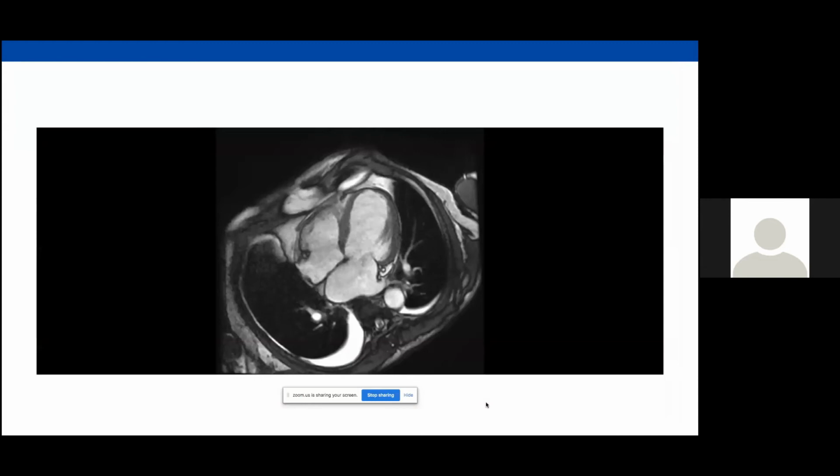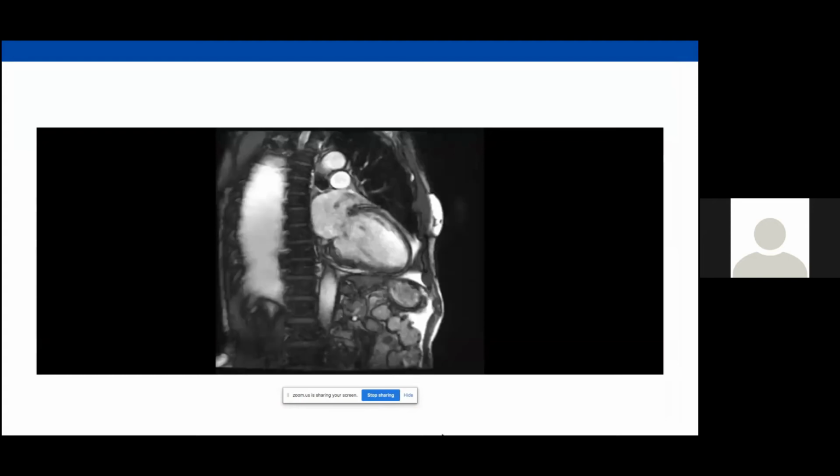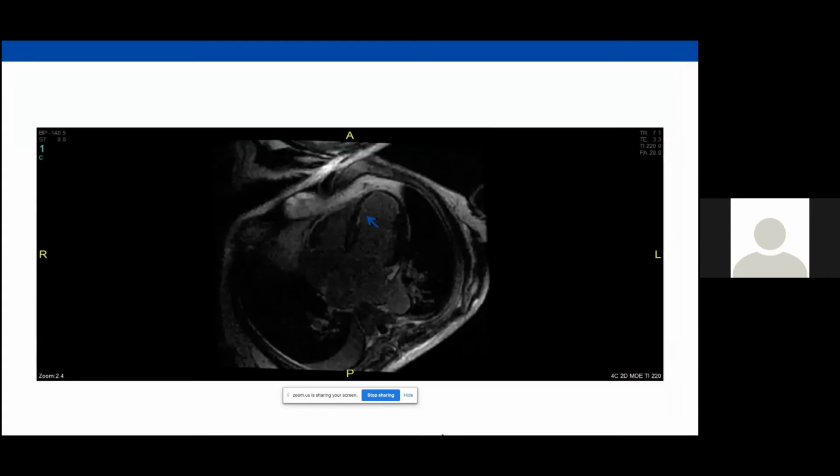Let's look at the images. This cine is not moving, but this is from the SSFP sequence. Normally we use this to assess overall contractility and to measure the volumes, but this sequence will not allow us to characterize the tissue or detect any disease in the myocardium.